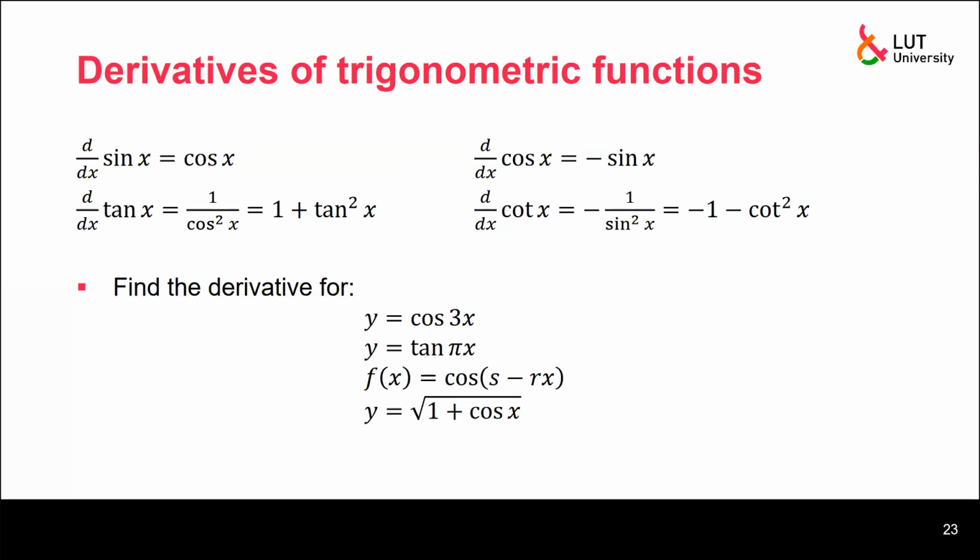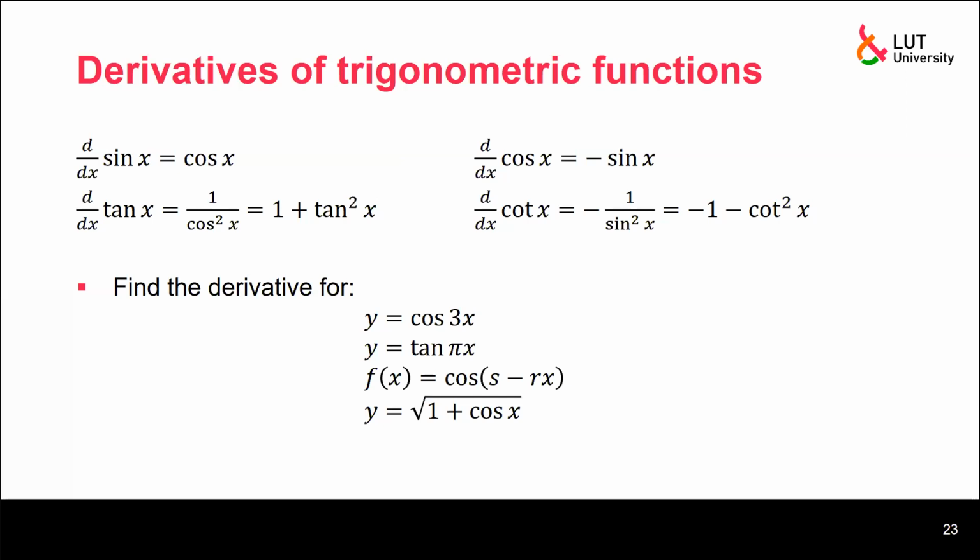For the tangent part, we're having outer function tan u, and the derivative of that is 1 plus tan squared u. Inner function is just pi x. It was x, yeah. So we get the derivative of pi.